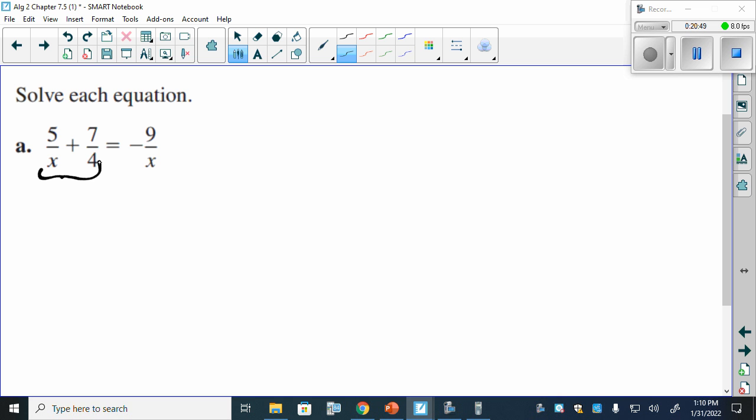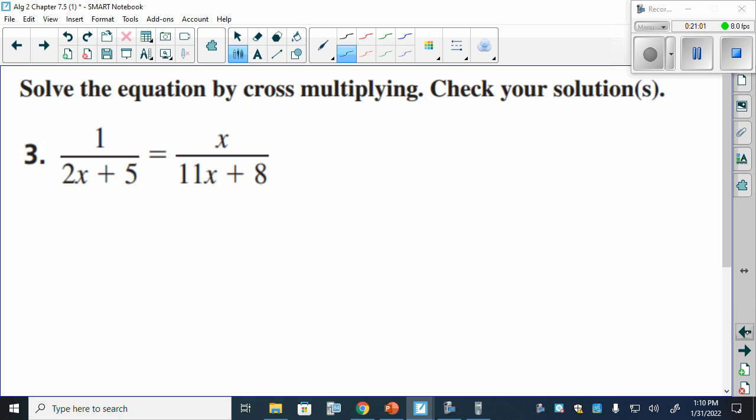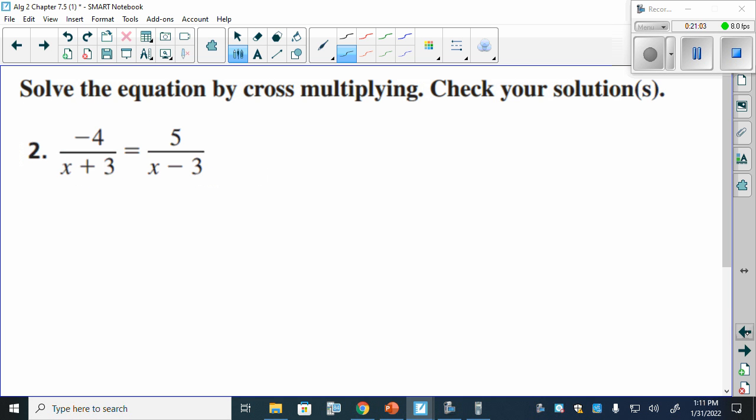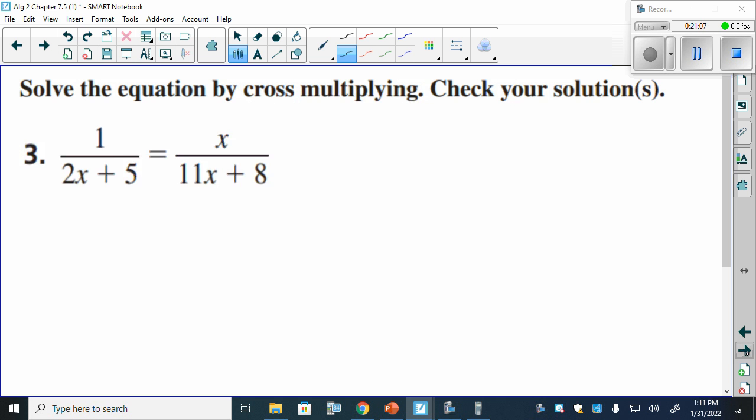Now on the first few that we've done so far, you probably noticed that it did say solving each rational equation by cross multiplication. As on the last one, well, yeah, on both of these here, they are talking about cross multiplying.